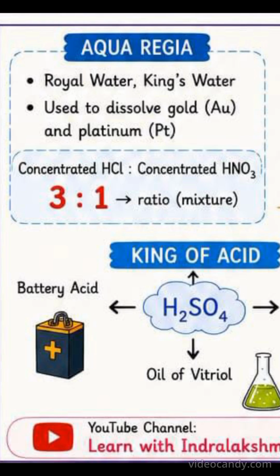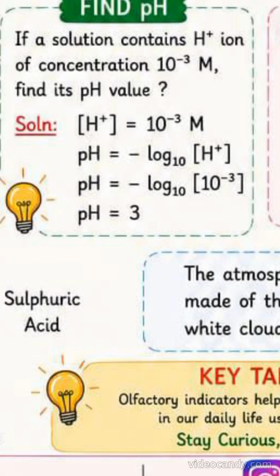That is, 3 parts of hydrochloric acid mixed with 1 part of nitric acid give Aqua Regia.